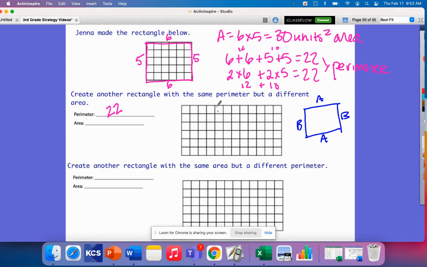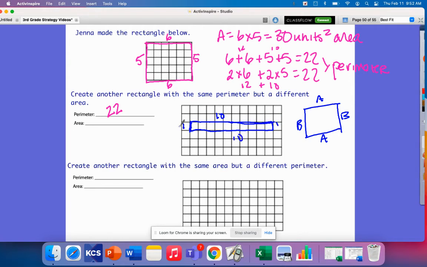So something I can think of right off, I can do a 1, 2, 3, 4, 5, 6, 7, 8, 9, 10. I can do a 1 by 10 because if this is 1 and this would be 10, so let's make sure: 1, 2, 3, 4, 5, 6, 7, 8, 9, 10, and then 1.